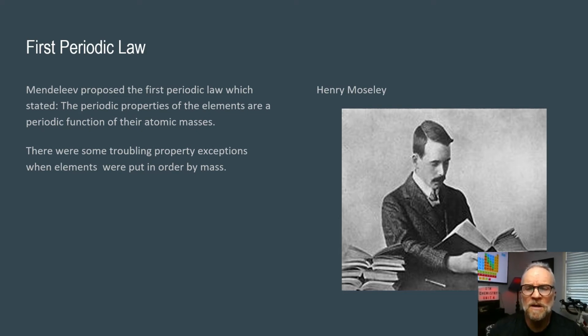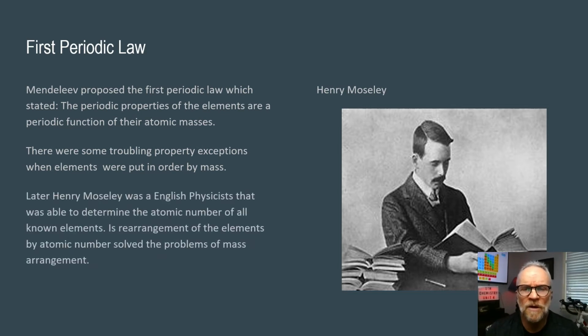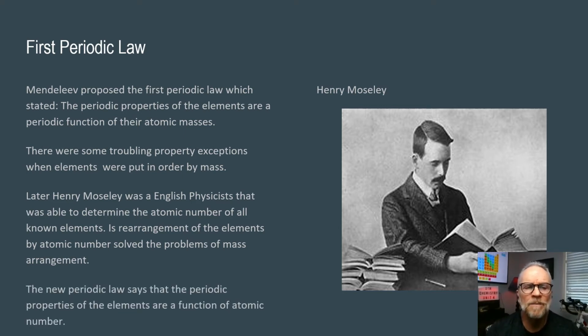And so what Moseley did was he came behind and he discovered the number of protons in each one of the elements. And when he rearranged the elements by atomic number, or the number of protons, it took care of the discrepancies in Mendeleev's table. And so he is known as the father of the modern periodic law, which states that the periodic properties of the elements are a function of their atomic number.